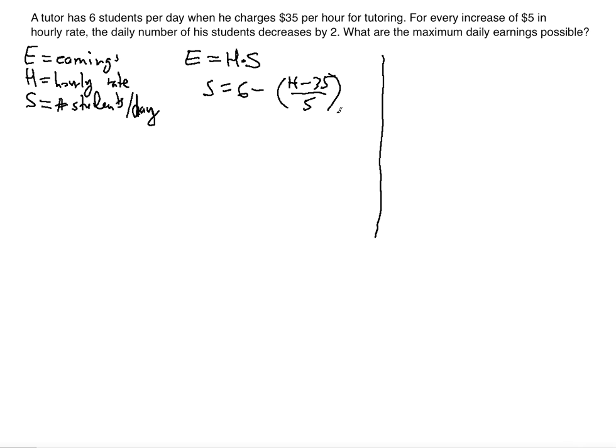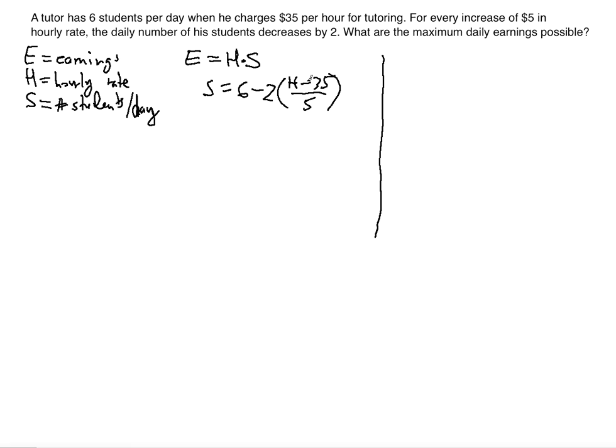Okay? So treat what we have in the parentheses as the number of $5 increases of the hourly rate. Now, if we find the number of these increases, we'll have to multiply this number of increases by 2, right? Because we'll have to subtract the number of students as a result, right?